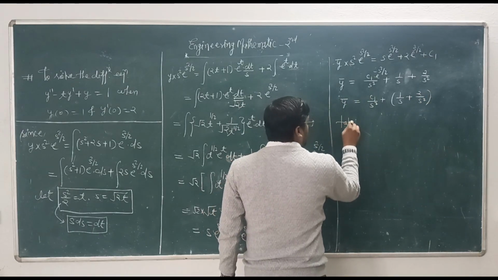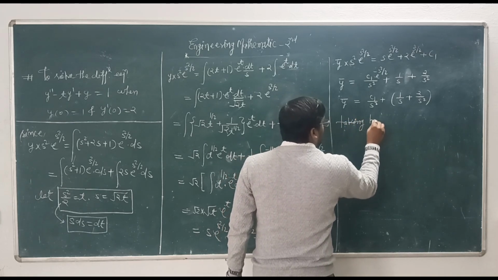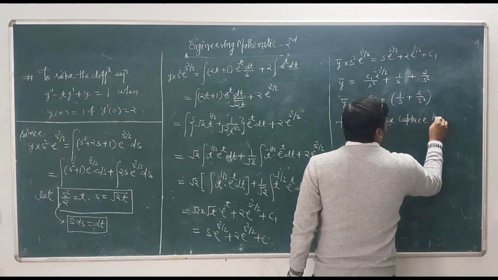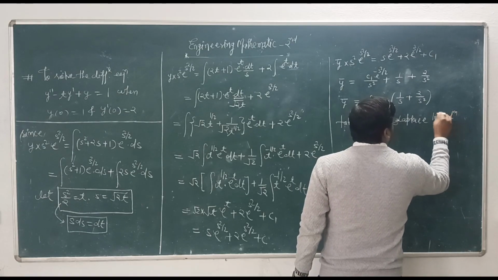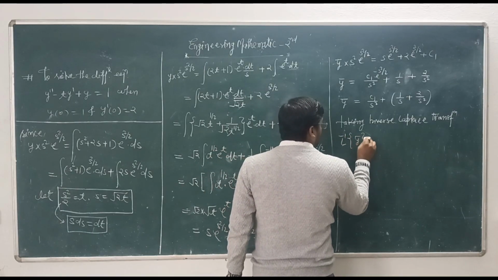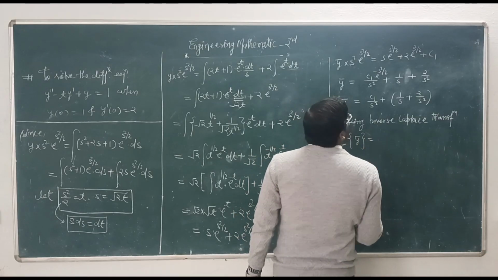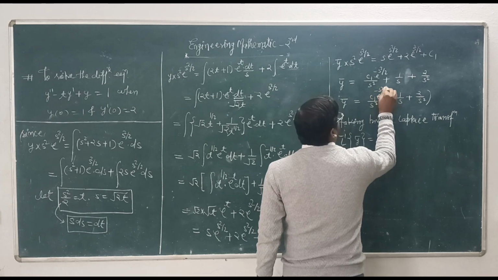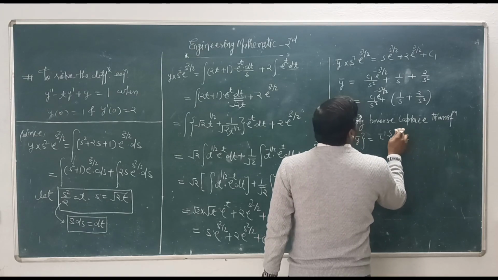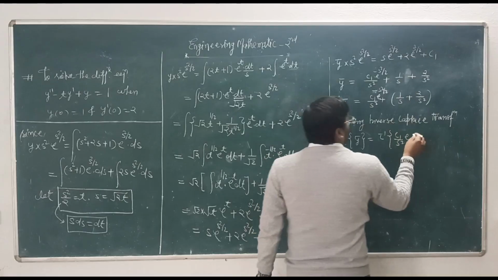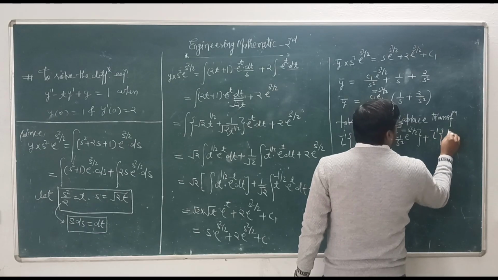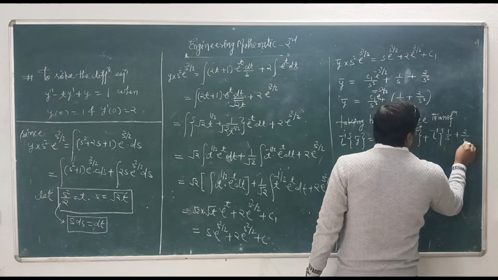Now taking inverse Laplace transformation, now you can write L inverse y bar is equal to L inverse of C1 by s square e to the power minus s square by 2 plus inverse Laplace of 1 upon s plus 2 upon s square.